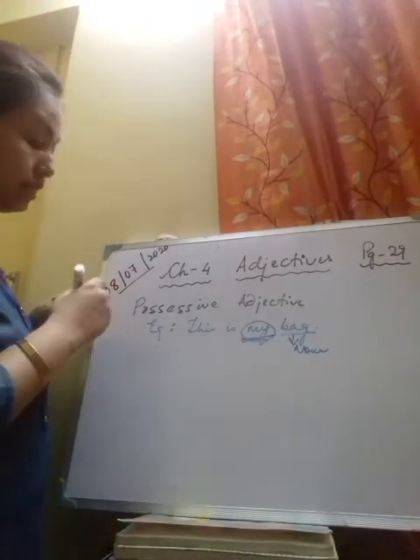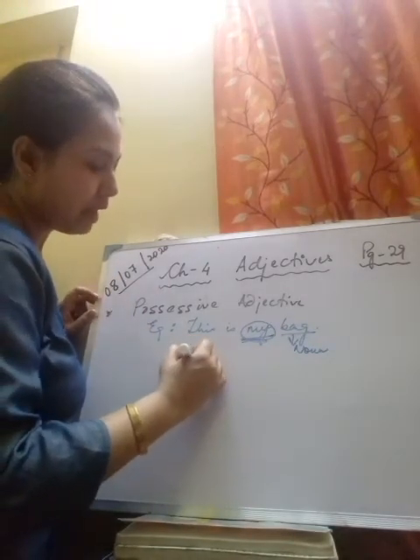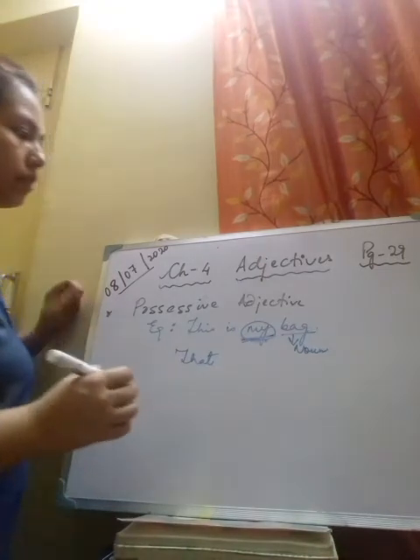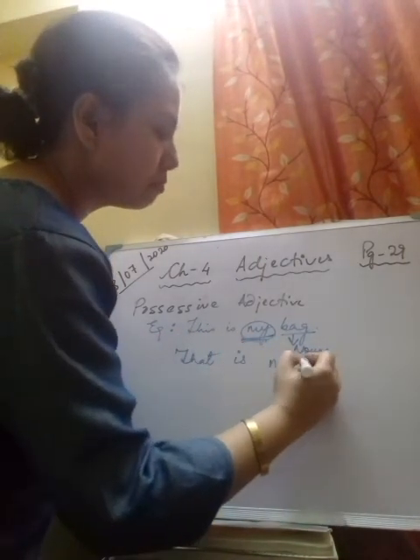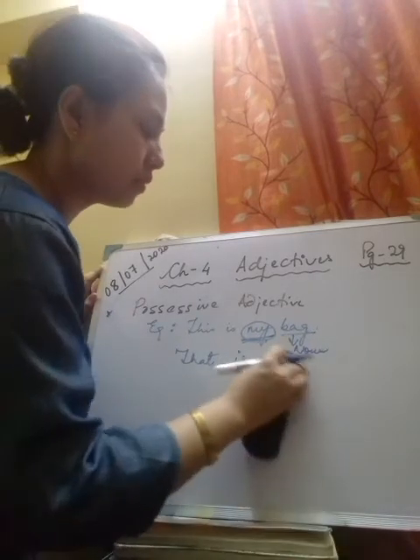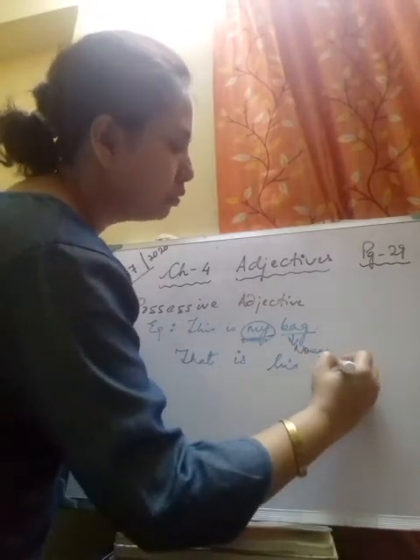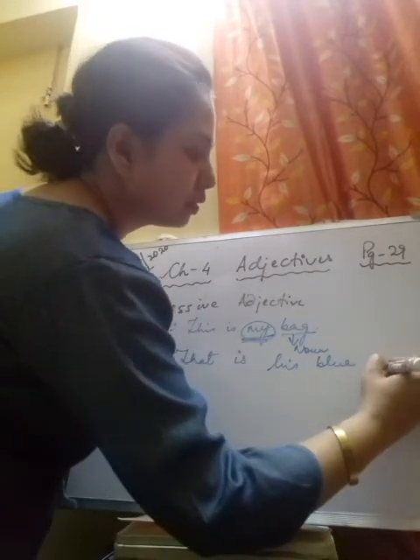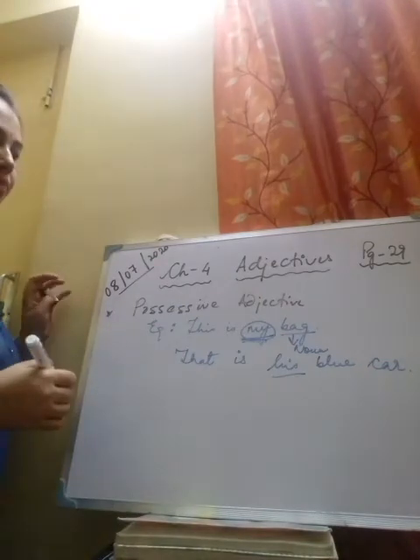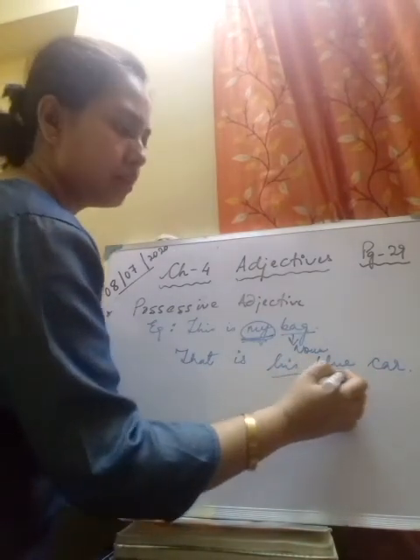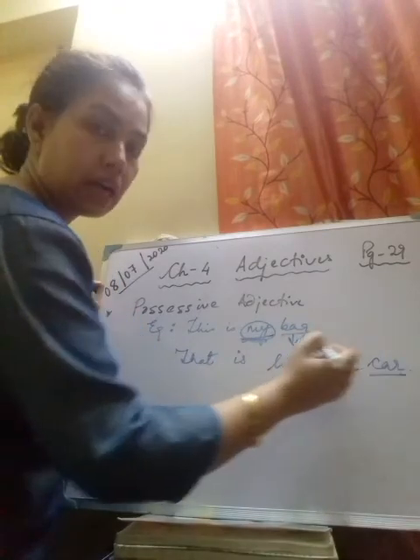For example, say, that is his blue car. Here also his is the possessive adjective and blue is another adjective that describes the noun car.